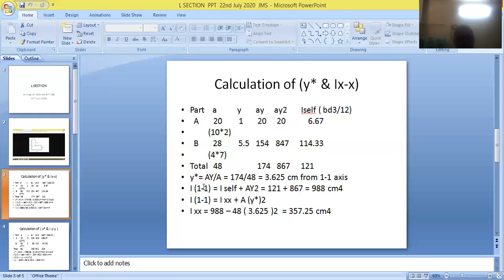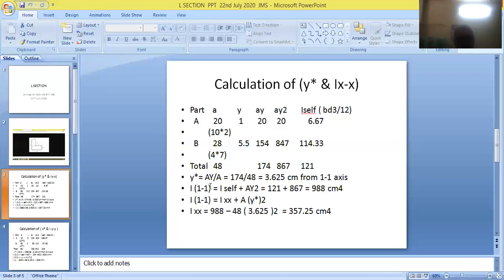Now Y bar is given as sigma AY by sigma A. So sigma AY is 174 and sigma A is 48. So that comes to 3.625 centimeter. It has to be measured in the vertical direction from the 1 axis.